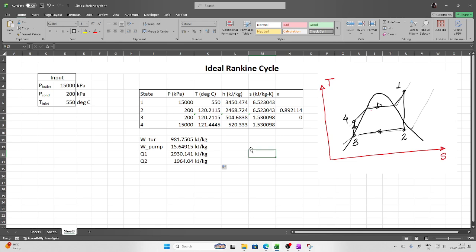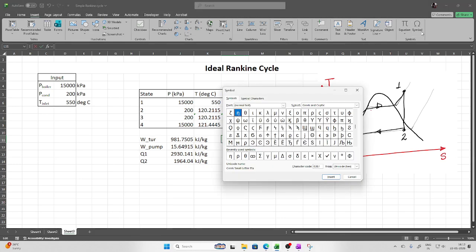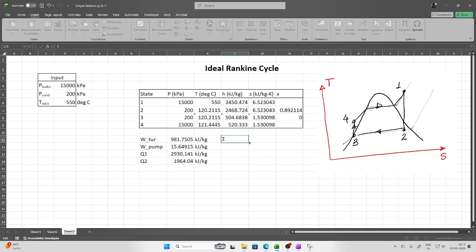Now, if you want to check whether you have done it correctly or not, you know that the net work output should be equal to the net heat input for a cycle. So let us insert one symbol for sigma. Net work done first, and then we will evaluate the net heat transfer also. Net work done means work done by the turbine minus work done by the pump on water.